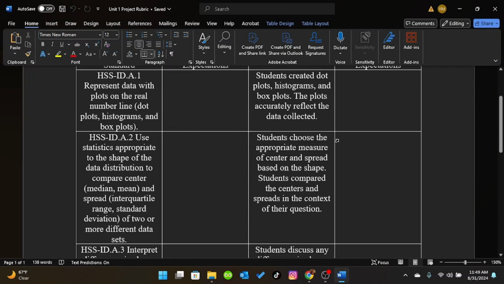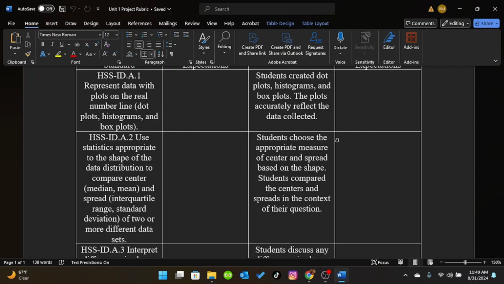Number 2, you met expectations if you choose the appropriate measure of center and spread based on the shape, and if you compared the center and the spreads in the context of your question. So as long as you identified the correct shape of distribution and you picked the right measure of center and the right measure of spread, and you gave a basic explanation of how that relates to your question, you have met expectations.